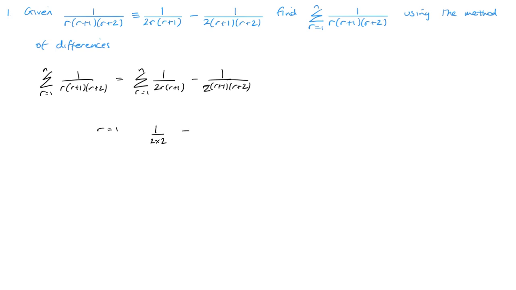Let me write this out actually in full. So 1 over 2 times 1 times 2 minus 1 over 2 times 2 times 3. Okay, now I'm not working out those values. I can work them out, but sometimes you miss the pattern when you do that. Okay, so this is 1 over 2 times 2 times 3 minus 1 over 2 times 3 times 4.